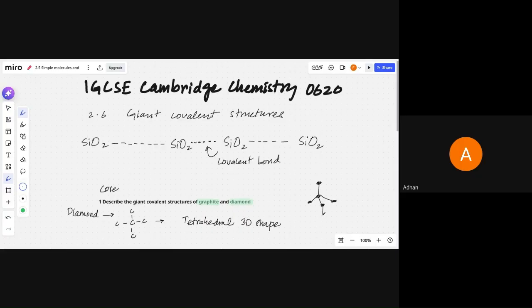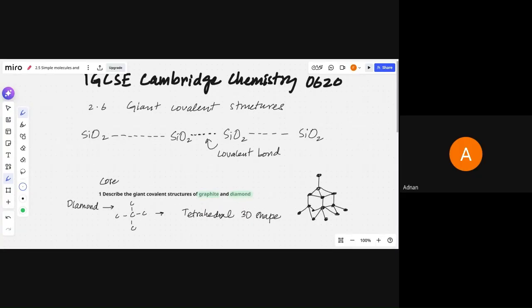I hope I'm able to draw this accurately. These bonds look something like this. So this is a tetrahedral geometry, and diamonds don't conduct electricity because there are no delocalized electrons.